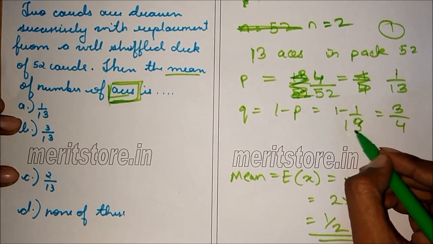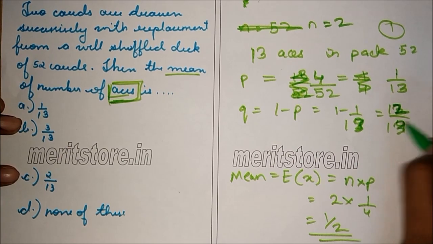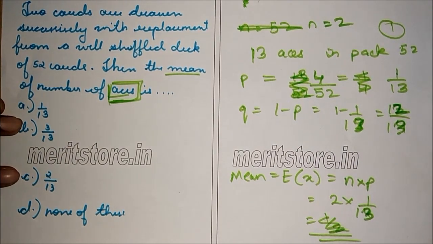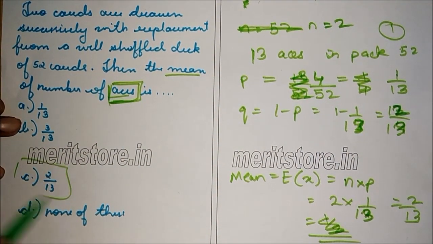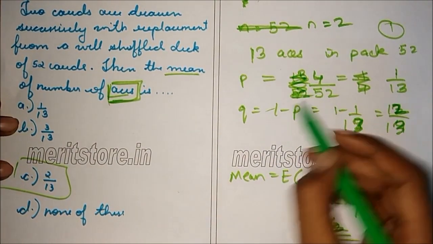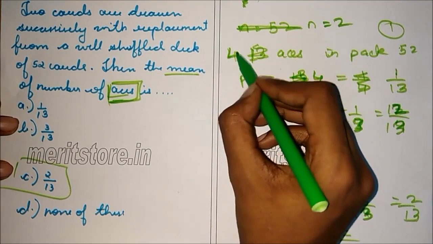Therefore, Q will be 12 by 13. So this is 2 into 1 by 13, which is equal to 2 by 13. So the answer is C, 2 by 13. Again, the correction was that the number of aces is 4. There are 4 aces.